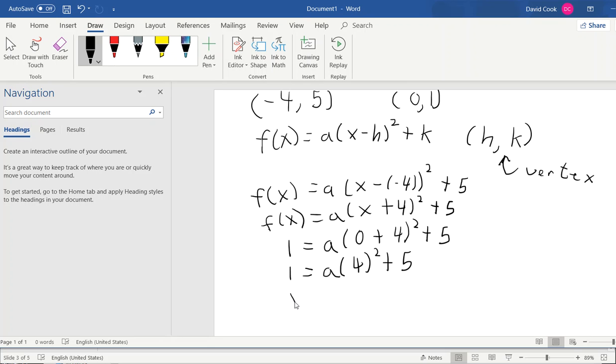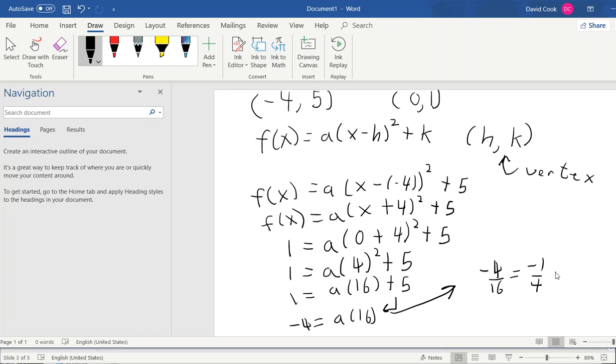Therefore 1 equals a times 16 plus 5. I'm going to move this 5 to the left side. That gives me negative 4 equals a times 16. And finally, negative 4 over 16 equals negative 1 over 4 equals a.